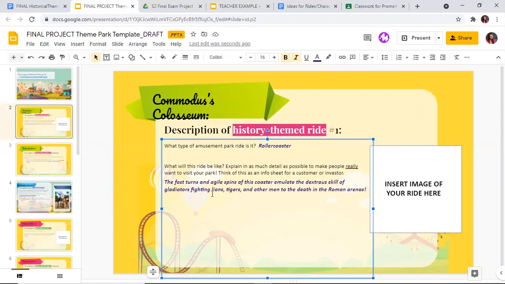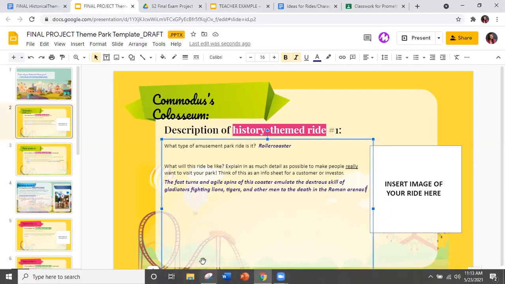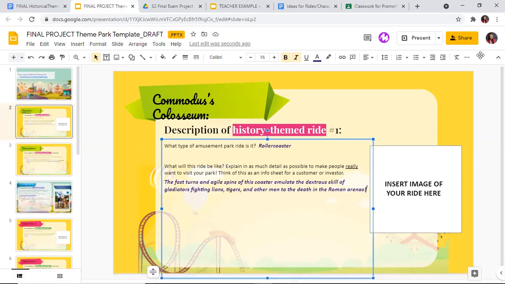Then I need to expand on that to tell people, again, why they need to go on this roller coaster in particular instead of the ones at Six Flags, which would be our competitor, right? So that's only 1 sentence. I need at least 4 more sentences here for this to meet the requirement of 1 paragraph minimum.